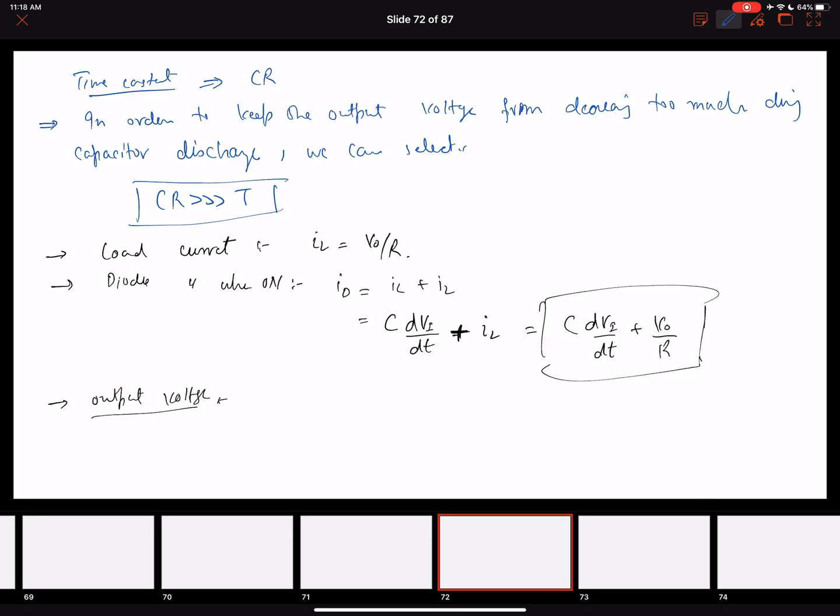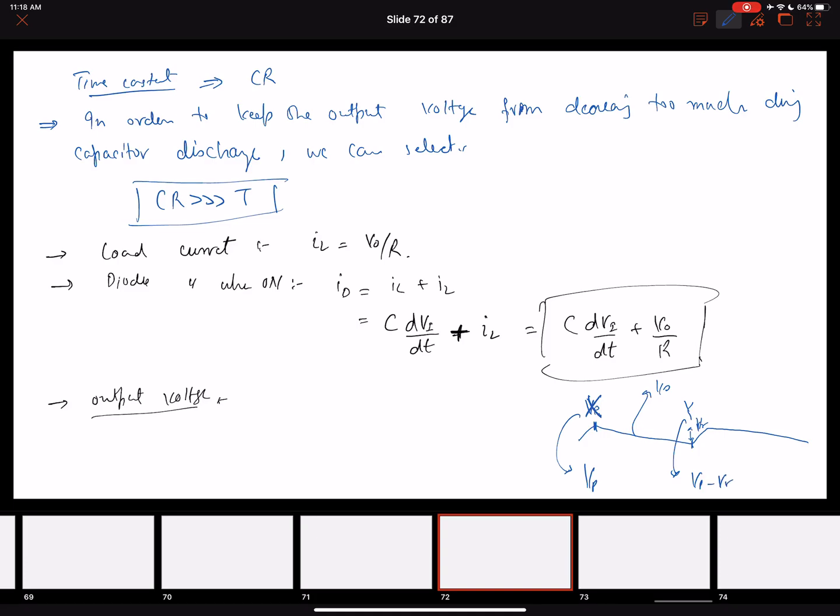So let me draw it over here again. We have something like this. This is VP, let's call this point X, this is point Y, and we are interested in finding the average of it, and this is our output waveform. At point X our peak value is VP, at point Y our value is VP minus VR, where VR is the ripple voltage.